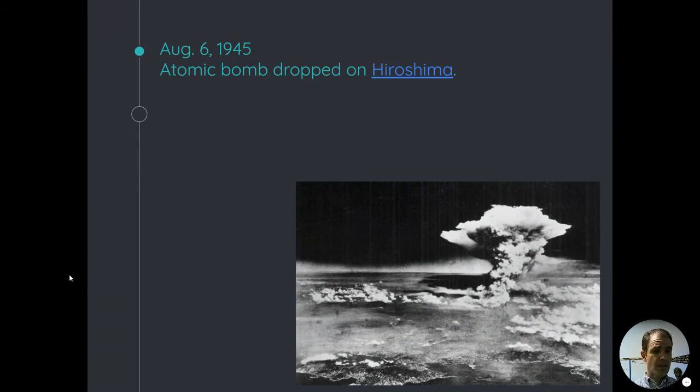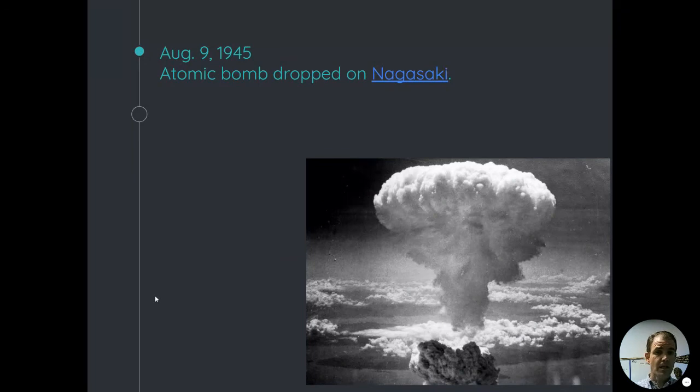And then we again called up Japan and said, we have another bomb. We will drop it on another city. Surrender, or that's what will happen. And then on August 9th, 1945, the United States dropped a bomb on Nagasaki. Now, Japan refused to surrender.